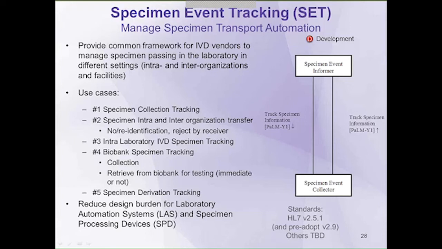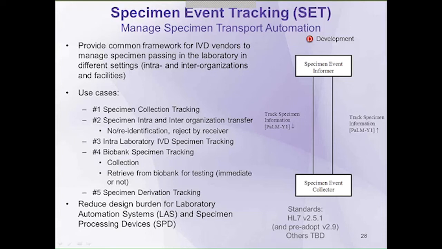And this includes everything in the life cycle of a specimen from the point at which it's collected at the bedside, sent to the laboratory, received by the laboratory, rejected, or stored into a biorepository potentially, or an archiving system of some kind later to be recalled.